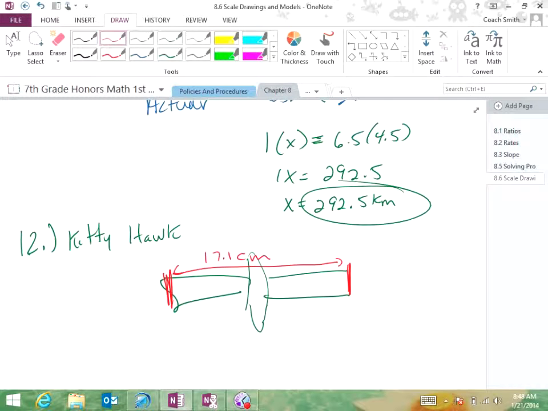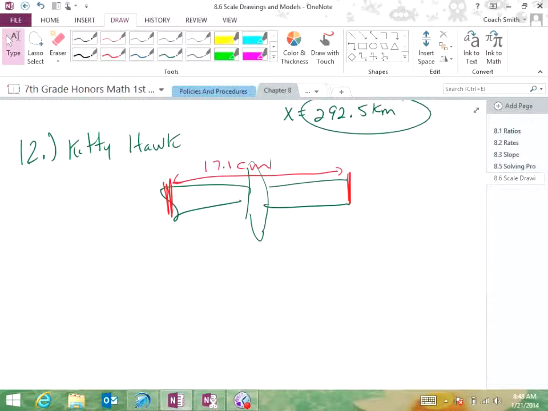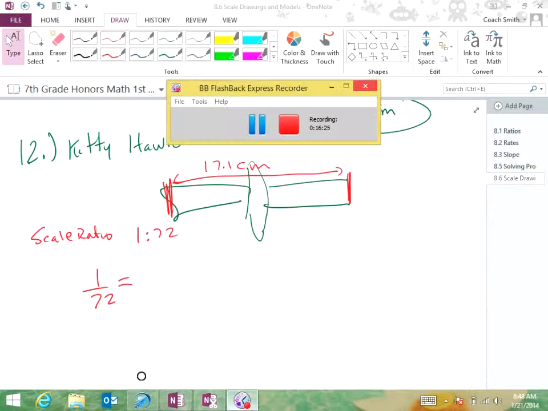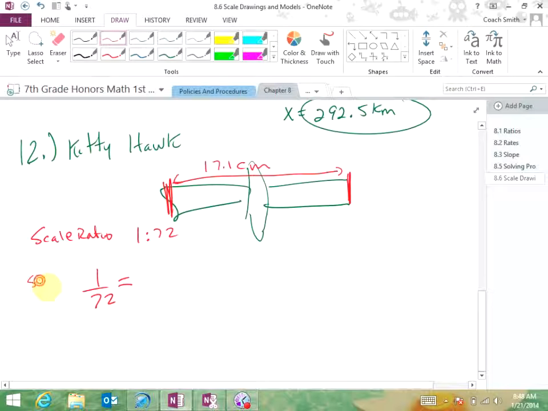Now, here's how you find it. We set up our proportion. The scale ratio was 1:72. So that's 1/72 equals, remember, this is scale over actual. So the scale was 17.1 centimeters over the actual, we don't know.